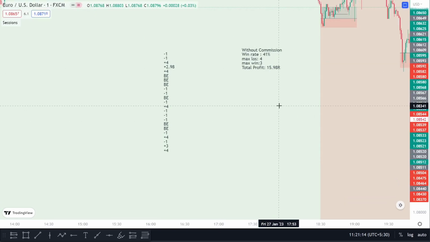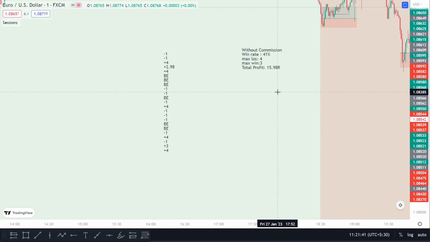And if we include commission, for every loss there should be something like 0.28% loss, right? So if I count 1, 2, 3, 4, 5, 6, 7, 8, 9, 10, 11, 12, 13, 14, 15, 16, 17.